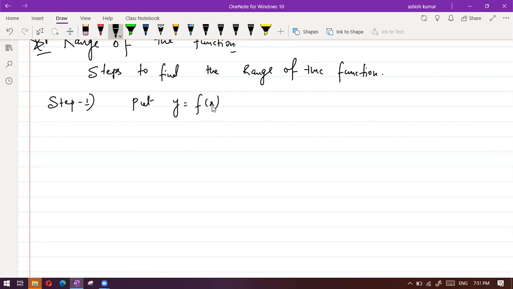This one will be already given, so just write it down once, that y is equal to f(x). And in step 2, what we will do, you will write: solve this equation, and write x in terms of y.